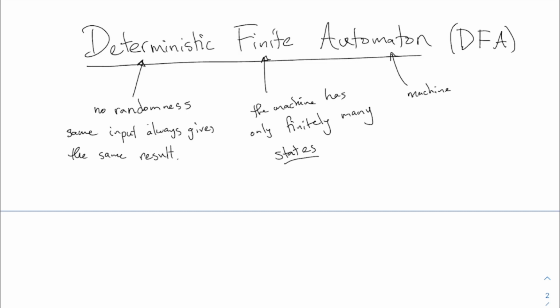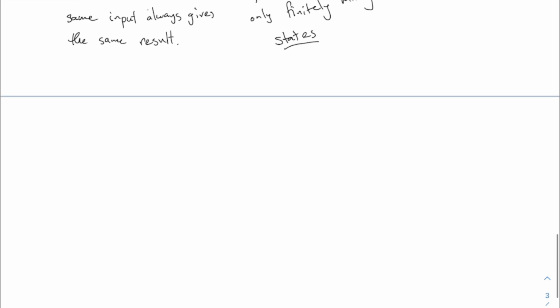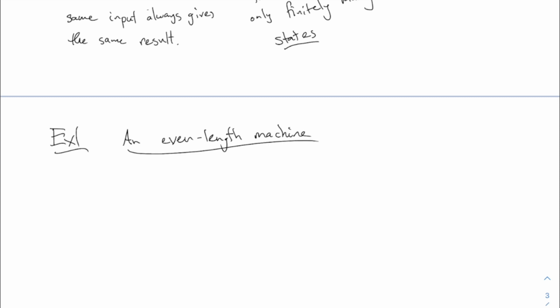All right, so let's try. I'm going to try and describe an example of what a DFA looks like and sort of what the capabilities are. Let's talk about an even length machine. All right, this is a very simple example of a DFA.